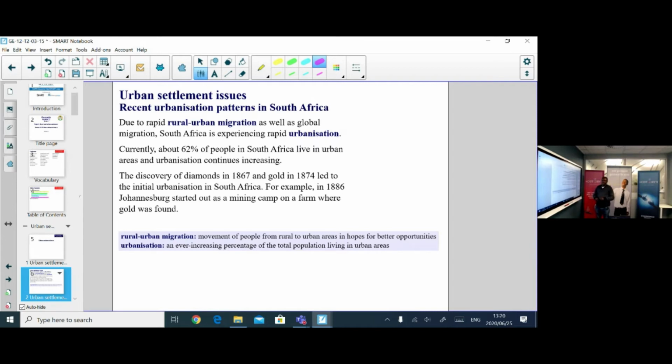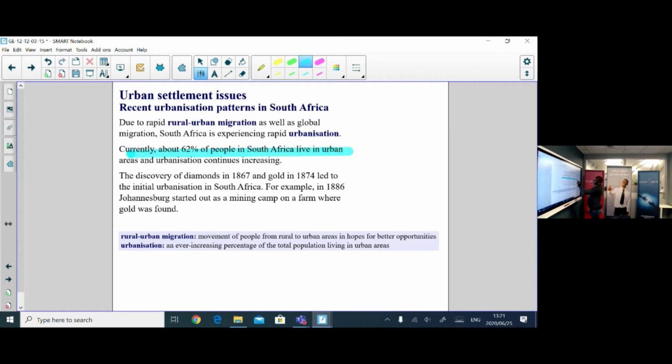There was the issue of passes, which is historical, and it hindered people from coming and staying in the cities. But ever since this law was removed around 1986, many people moved to the cities and stayed there. This resulted in 62% of South African people living in urban areas, and only 38% living in rural areas.